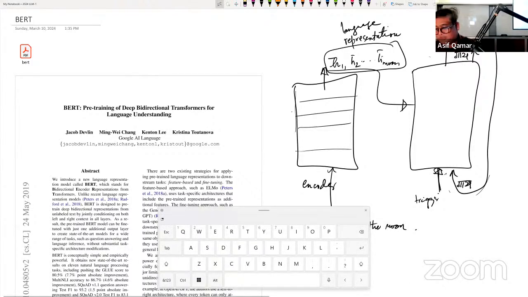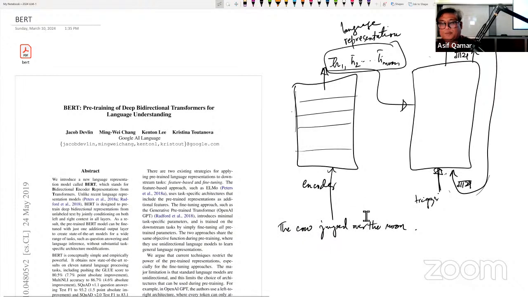There was a slew of work. People were trying to figure out how to use this transformer. But BERT is both extremely simple and extremely elegant. It's very powerful, simple, and elegant. That's the best way to say it. What it says is, let's focus simply on the representation that comes out. We got a representation.